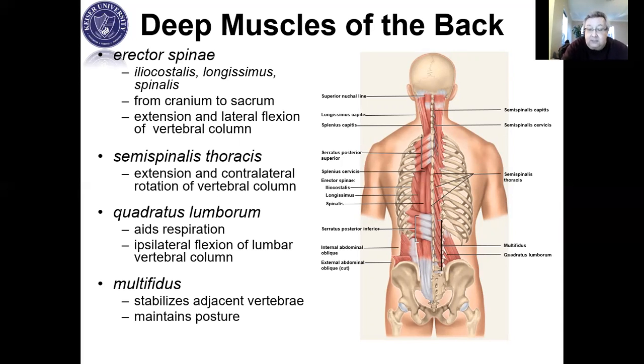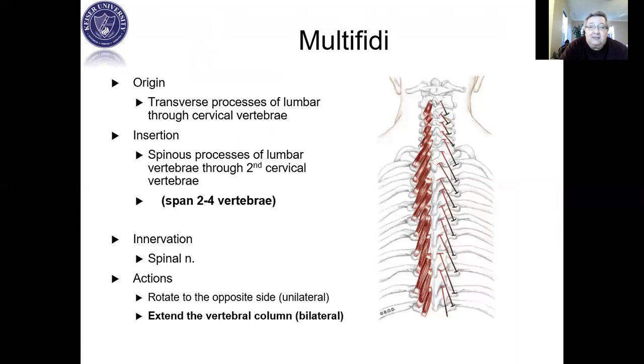So let's continue on. The multifidi are a series of small muscles that attach on the vertebra. As you can see, there's no star next to it, so it's not a muscle that is going to be on any of your exams.